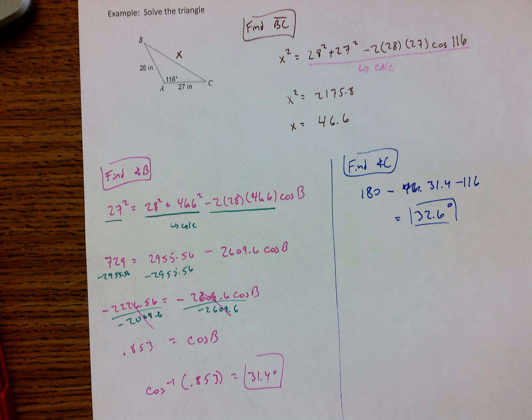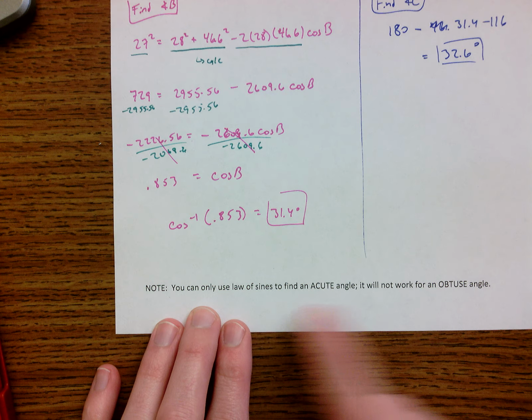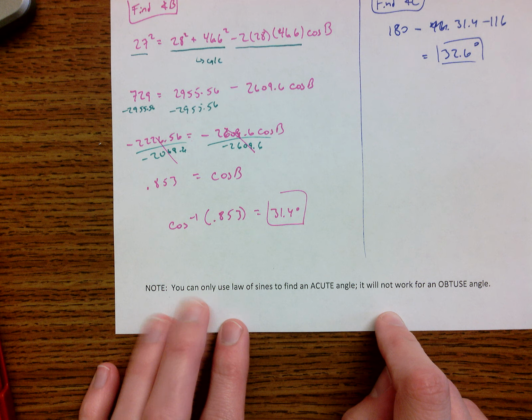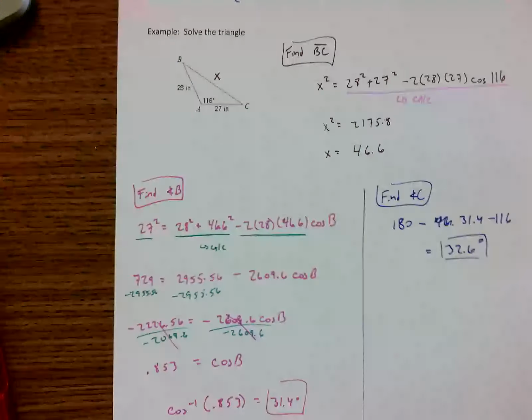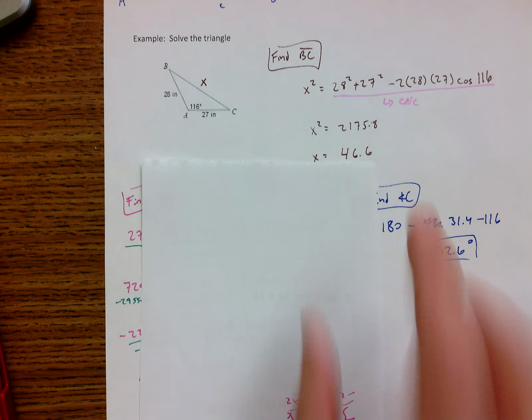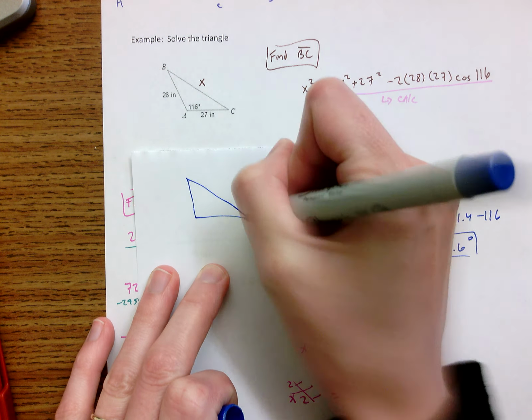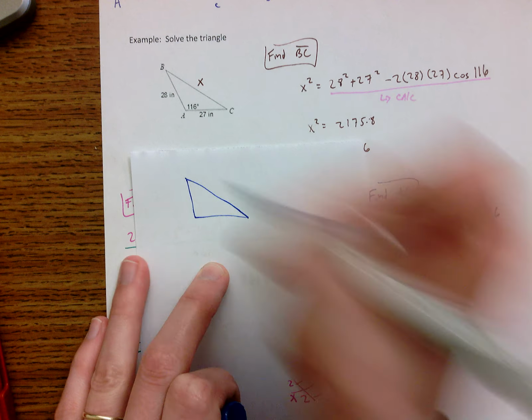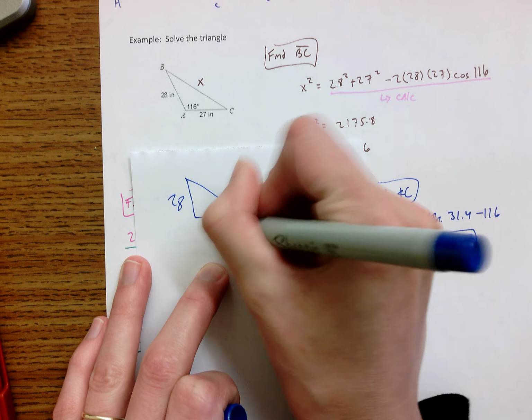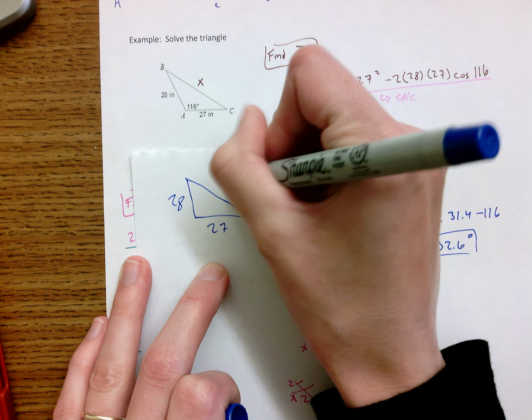Excellent. All right, one more thing to make note of. You can only use the law of sines to find acute angles. It does not work on obtuse angles. So when we have this example, say instead, when we looked at it, instead of giving us the angle or the information they did, they told us that this was 28 and this was 27 and this was 44, right?